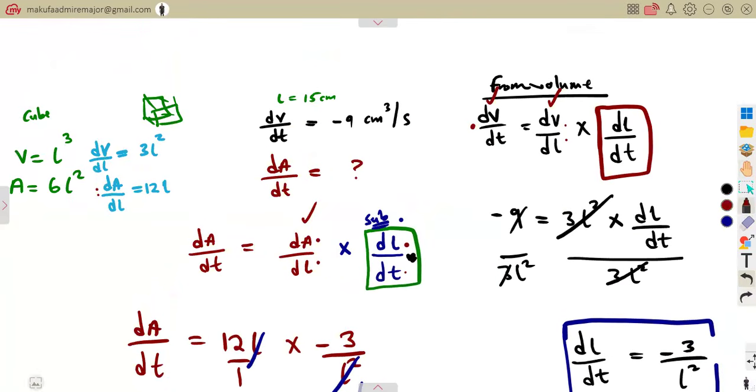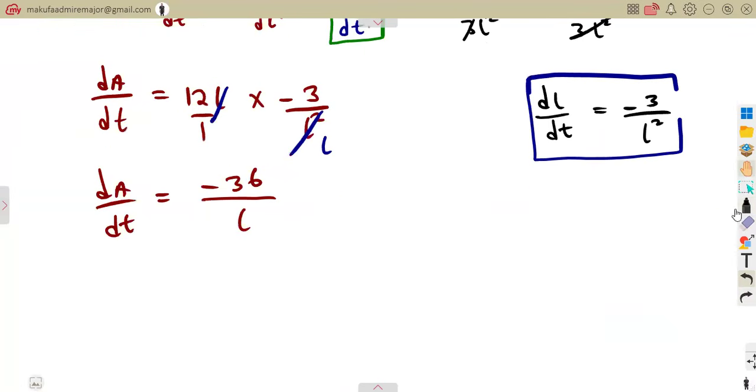This is a fixed value for the cube: the length is 15. So we're going to substitute 15 in place of L. So that's -36 over 15, which gives us -2.4. A negative means it's a decrease.